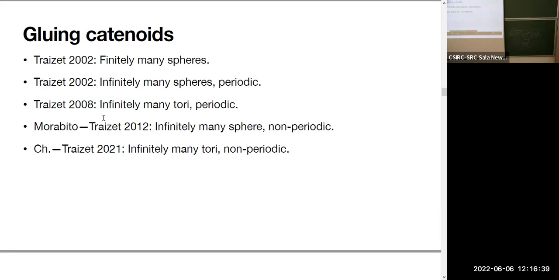And then for the definition of non-degeneracy, we need to go to the Banach space. And then, because of some physics applications, I contacted him and we collaborated on a gluing that is about infinitely many tori and non-periodic. And this is interesting.